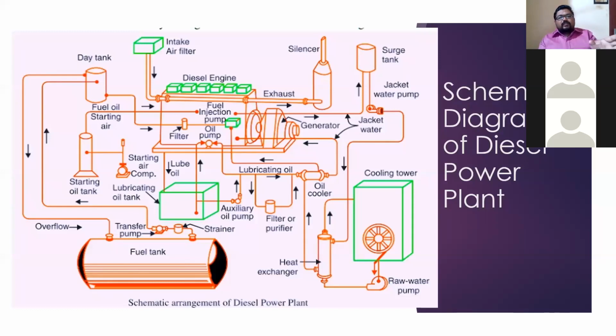While transferring, there are mainly two more components. One is a strainer. What is the function of the strainer? It removes any dust particles; the filtering of the fuel is done by the strainer. If there are big materials, impurities or any hard particles, they will be filtered in the strainer.